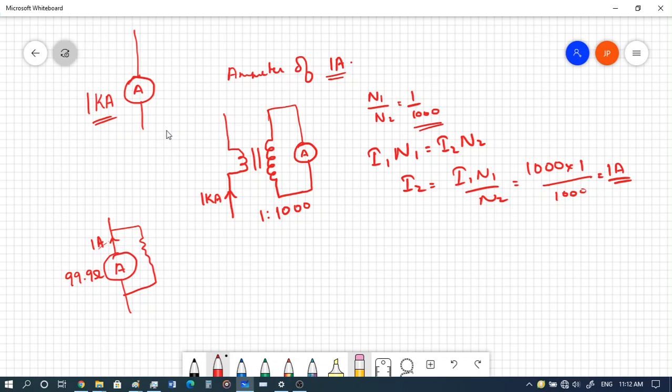If that is the case, and we want 999 amperes through the shunt resistance RSH, what should be the resistance value that should be set in order to get 999 amperes?